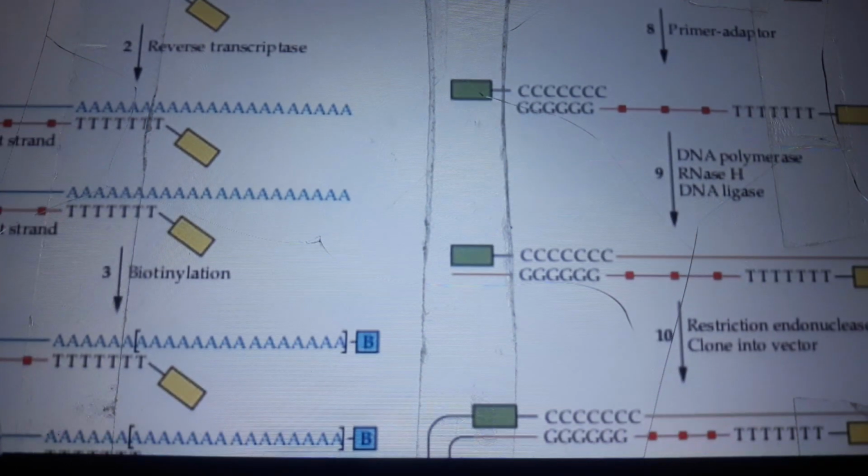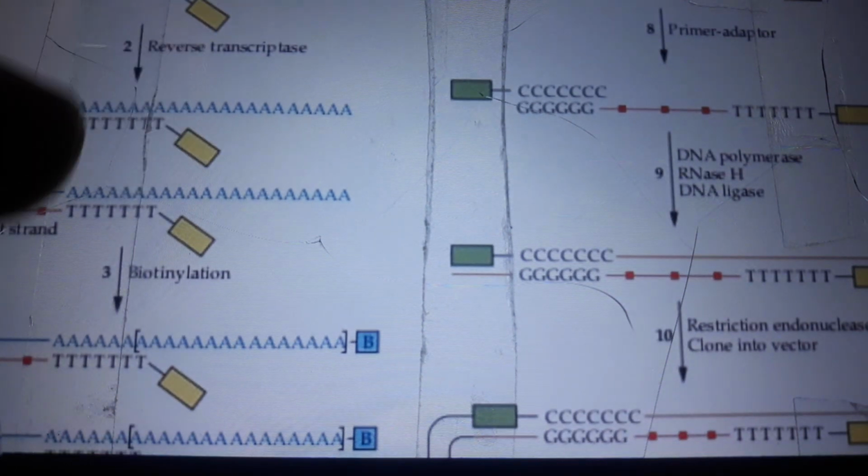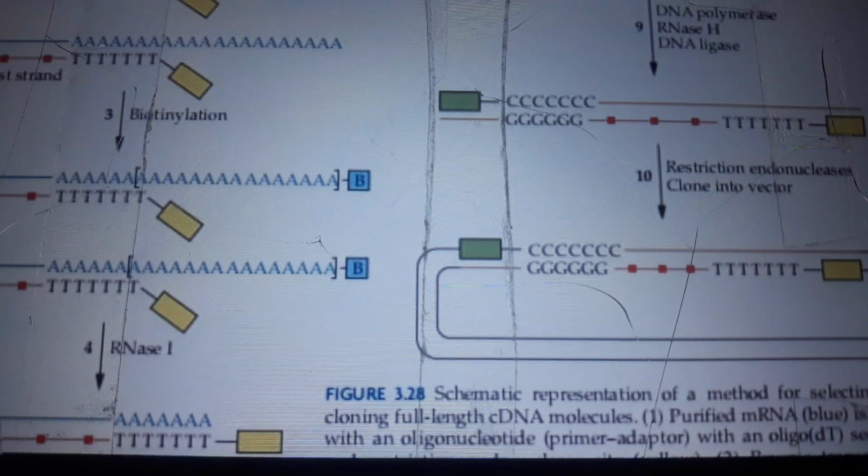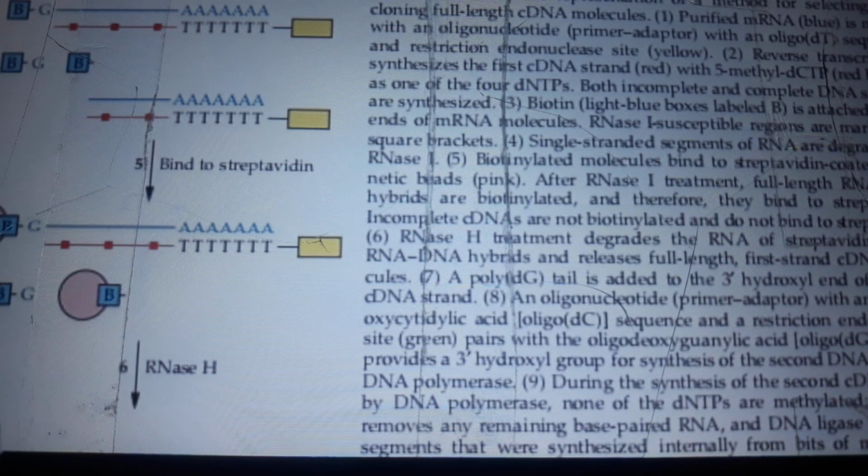Primer adapter, you have a reverse transcriptase, a complete first strand, and then an incomplete first strand. Two, reverse transcriptase synthesizes the first cDNA strand, red, with 5-methyl-dCTP, red boxes, as one of the four dNTPs.